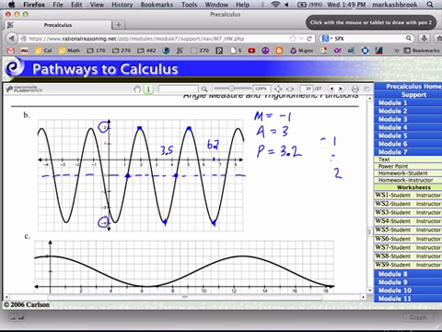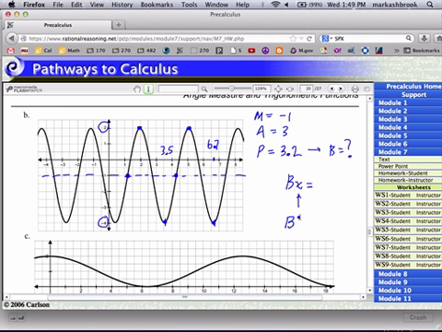Is it okay? All right, so from the period we get that value, we want that coefficient b. So b times the input. When the input reaches the period of 3.2, then we want the argument to reach what?